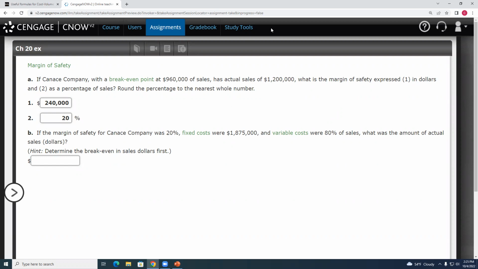Since we don't have an exact formula for finding this, I would recommend that when you encounter something like this, we fall back on what we know. We know how to find break-even units: fixed costs divided by contribution margin per unit.